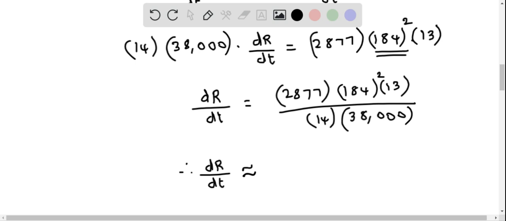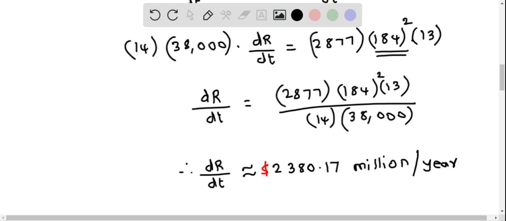This is approximately 2,380.17 million dollars per year.